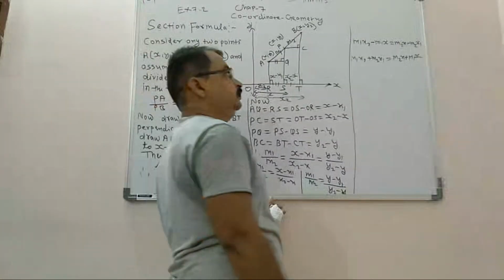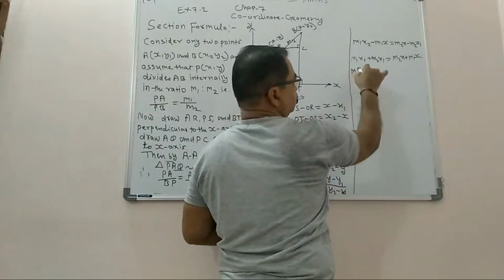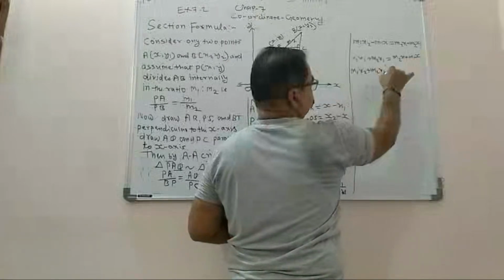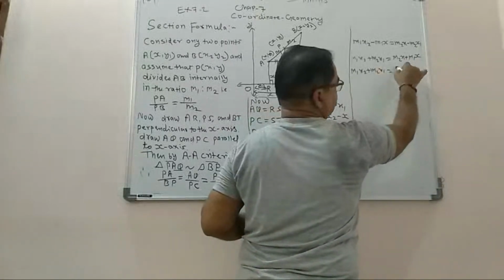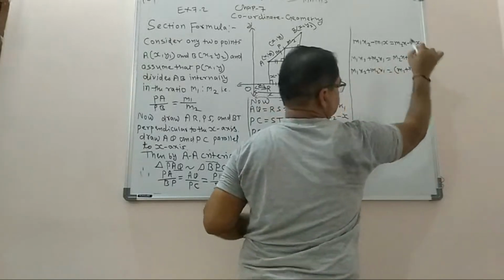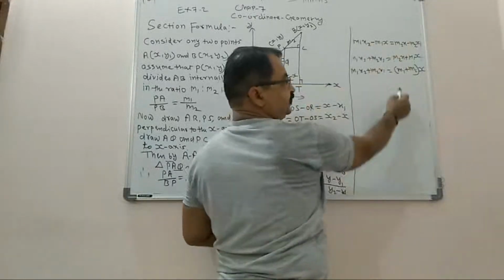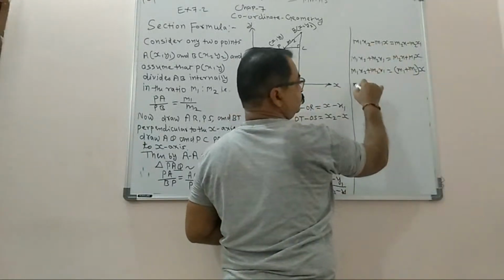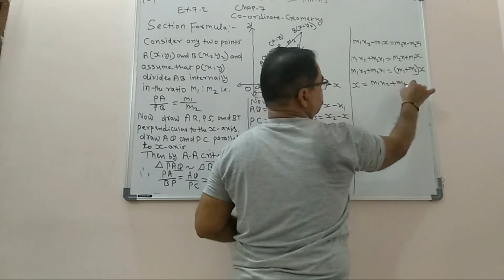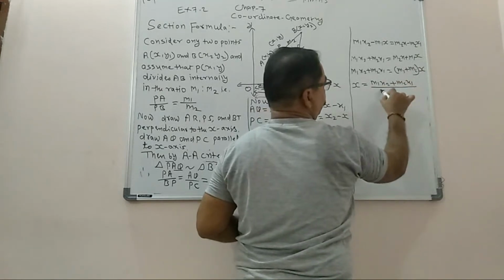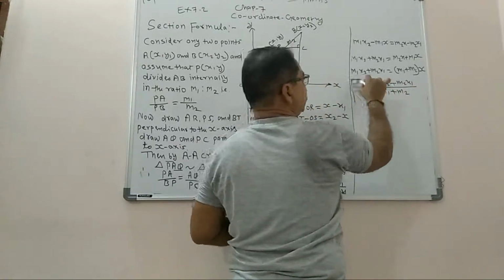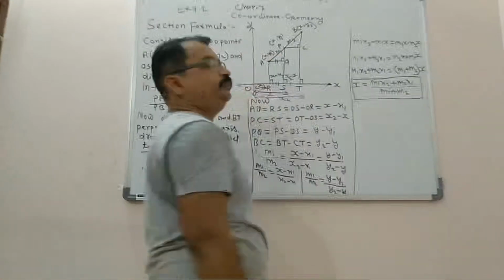Clear? This will be m1 x2 plus m2 x1 upon, here x you can take common, so you will get m1 plus m2 into x. So the x coefficient is m1 plus m2, so divide by this, and you will get x equal to m1 x2 plus m2 x1 upon m1 plus m2.